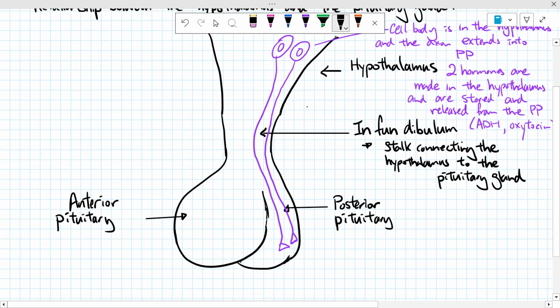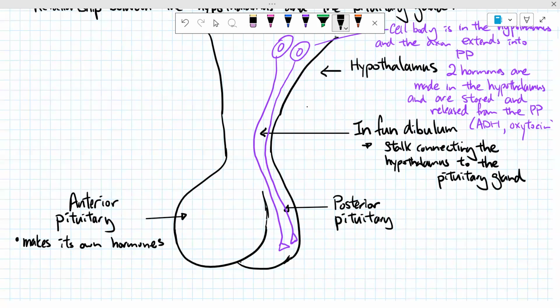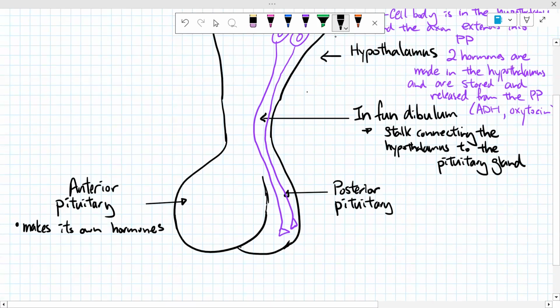Let's skip to the anterior pituitary gland for a moment. The anterior pituitary gland makes its own hormones, and there are many. The ones that we are interested in for this lecture are called FSH and LH.